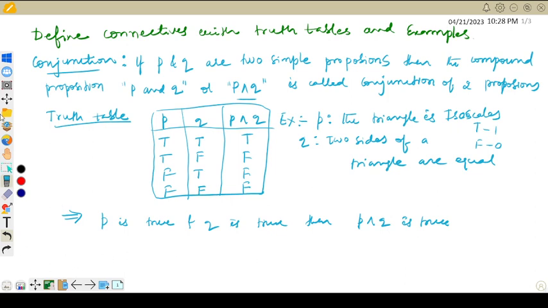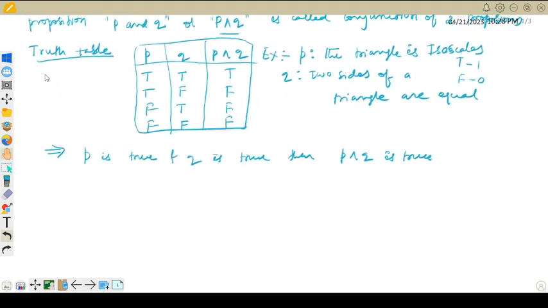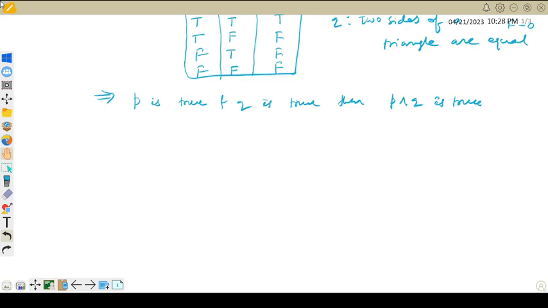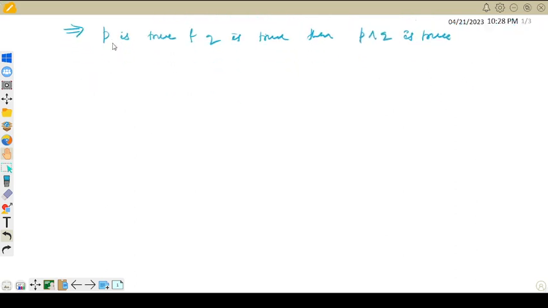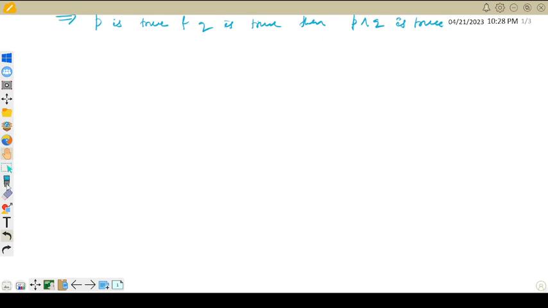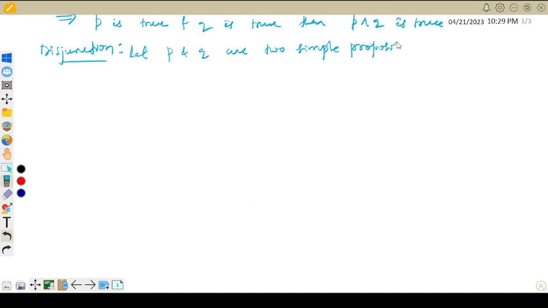Now let us go for disjunction. Similarly, let P and Q be two simple propositions.